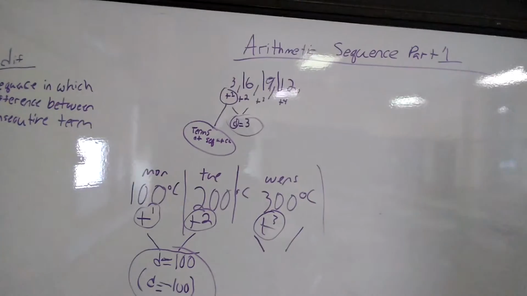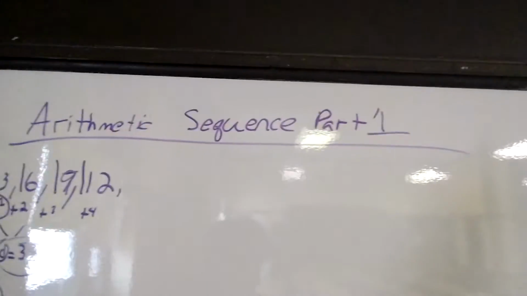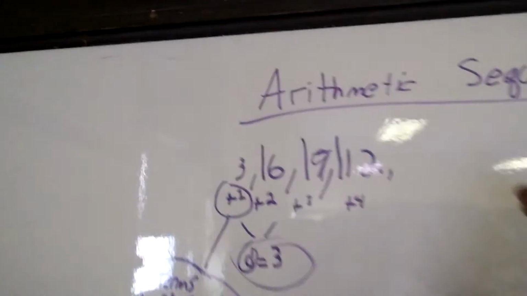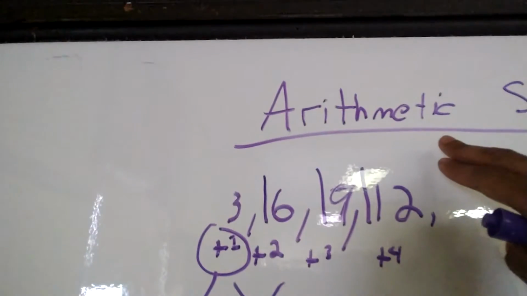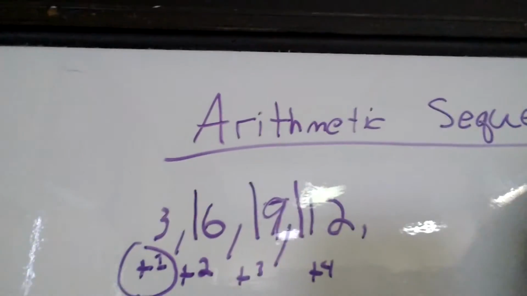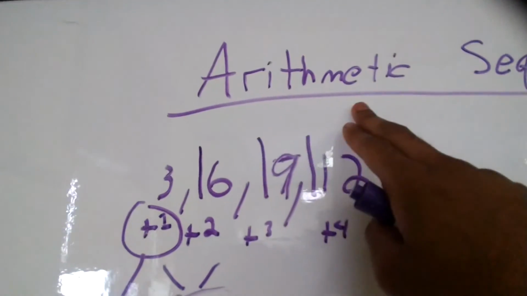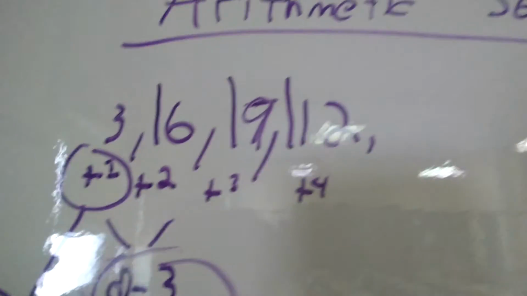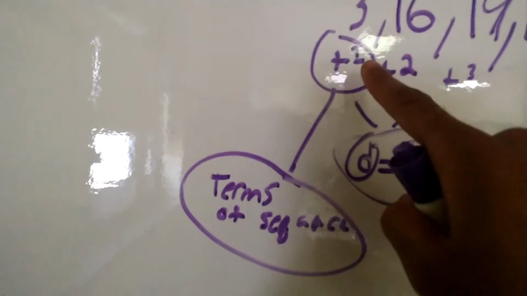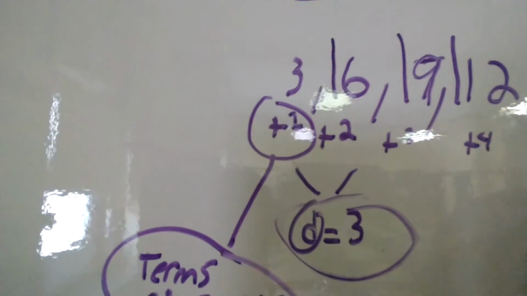When it comes to remembering what arithmetic sequence is, think about just adding. Arithmetic, adding or subtracting in a sequence. You have to do addition or subtraction. Arithmetic has to do with adding, adding by 3, or if it's a negative, subtracting.